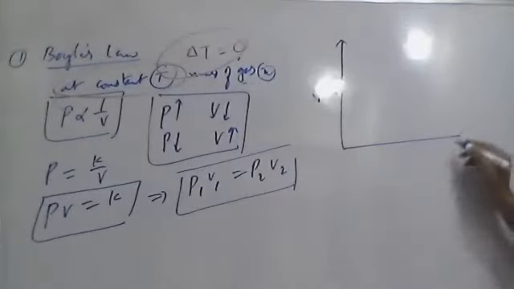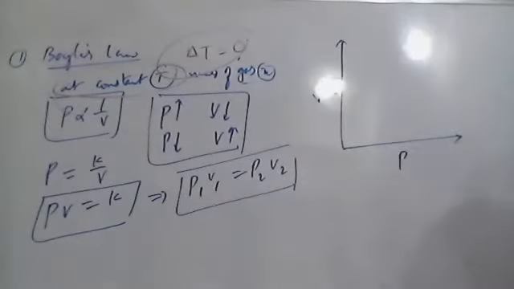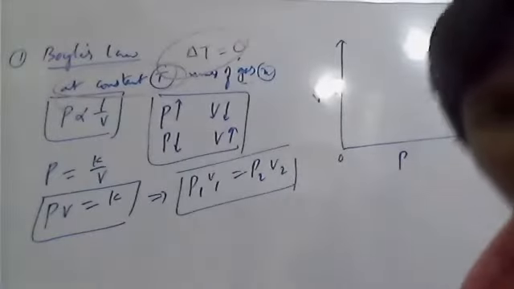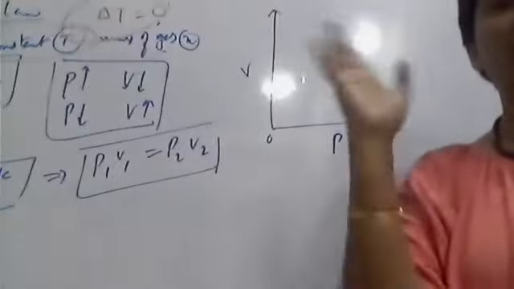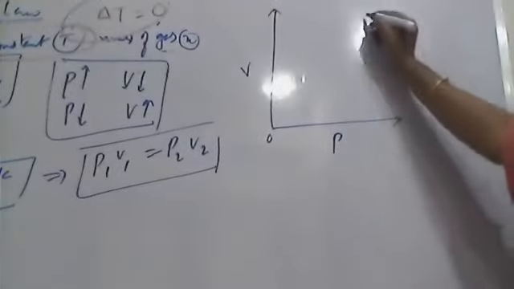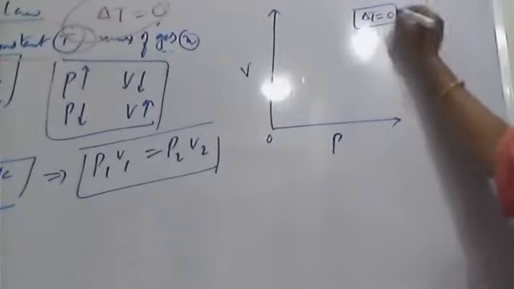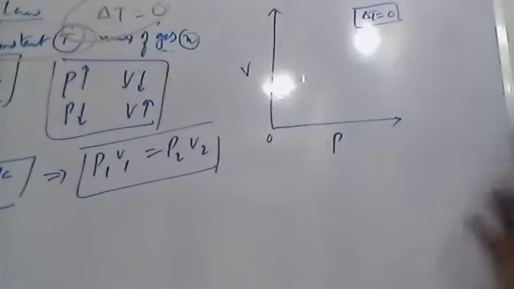Along the x-axis, I'm taking pressure. You can change it. We need the concept. Once you see this graph and understand, you can understand any graph. See, here the temperature is constant. Change in temperature is 0. Delta T stands for 0, meaning no change in temperature, isothermal process.